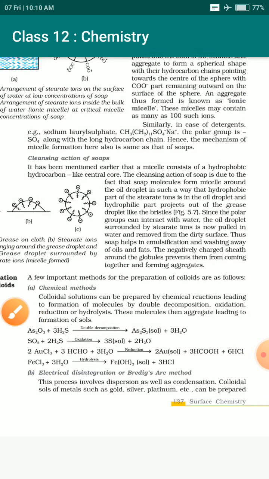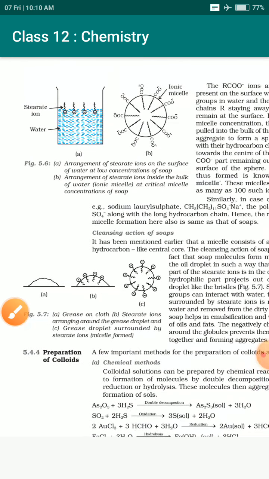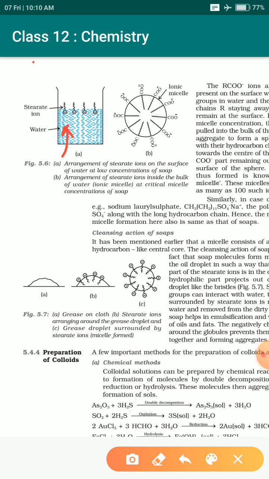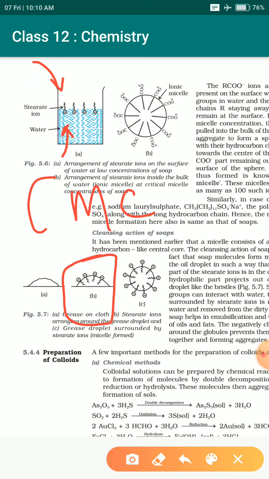I told you how the micellar formation is done. The hydrophilic part will be attracted to the water, the hydrophobic part will stay away from the water. Whenever it reaches the critical micellar concentration, the hydrophobic parts get into the dirt. I am talking about the cleansing action.